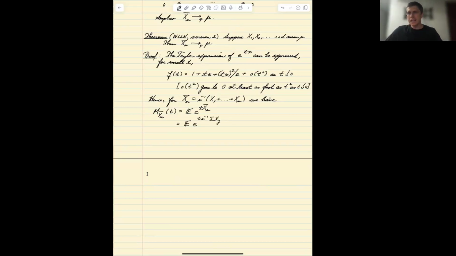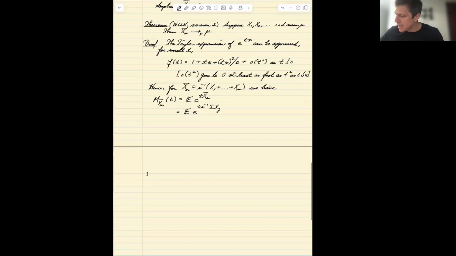And so this is the moment generating function of a sum evaluated at t over n. So this is a product of moment generating functions, and they're IID, so it's an n-fold product: the moment generating function of X at t over n, raised to the power n.